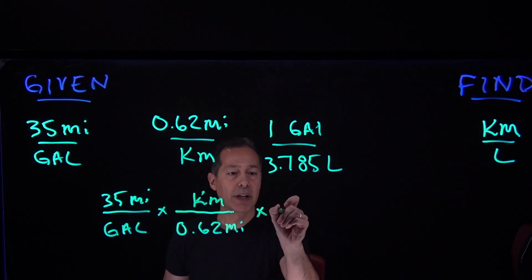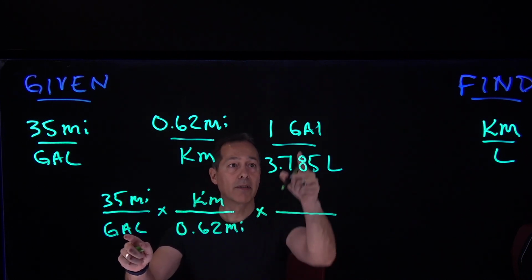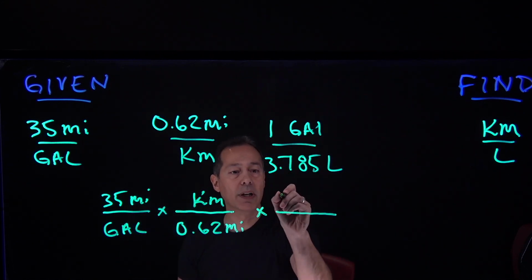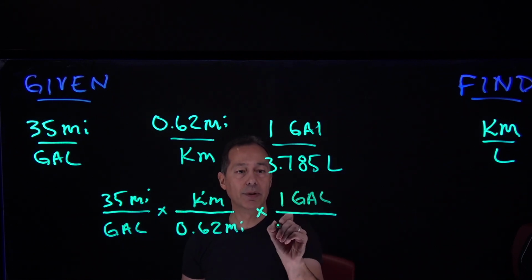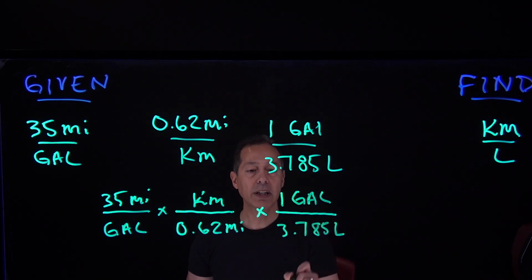And so here's my next conversion factor. I've got gallons here, and I've got gallons up on top. They're going to cancel out. So I'm going to say 1 gallon is equal to 3.785 liters.